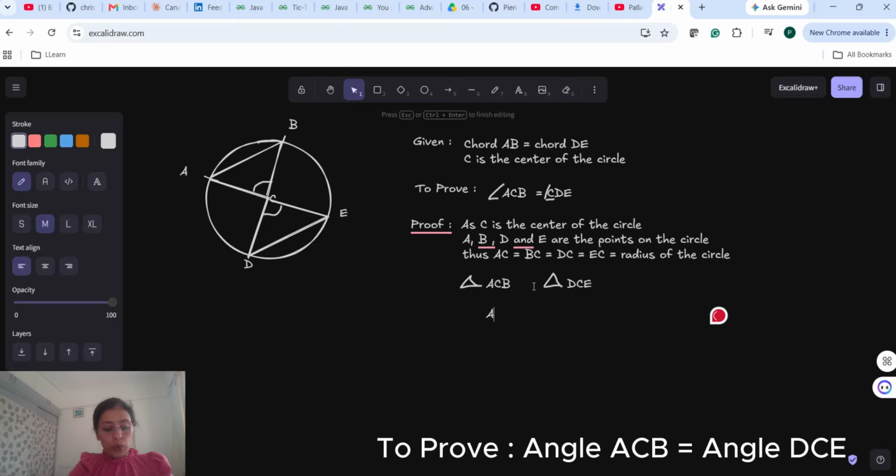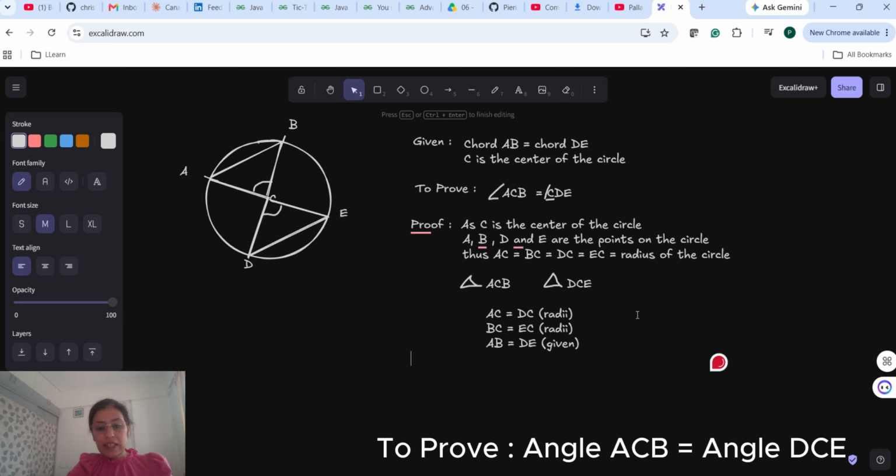We already know that AC is equal to BC, because these are radii. Next, we know BC is equal to EC, again radii. And we have been told that chord AB is equal to chord DE. This has been given to us.